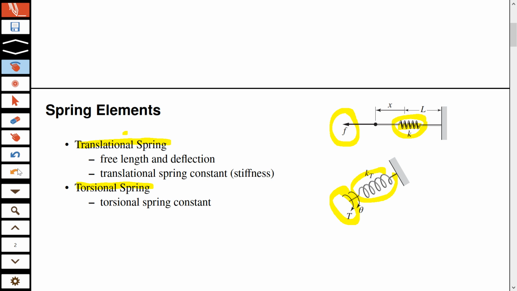So one more thing you need to remember is, when you are using this particular symbol, it's clear that it is a translational spring and it's a torsional spring. But sometimes remember these are models. So you have a translational spring model and you have a torsional spring model.